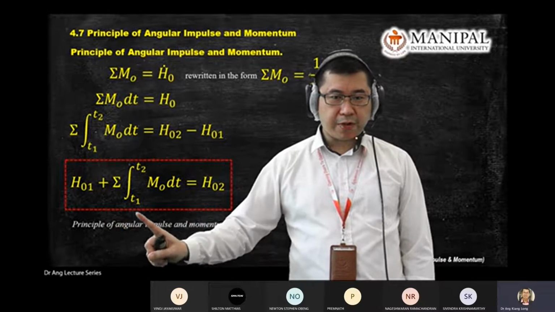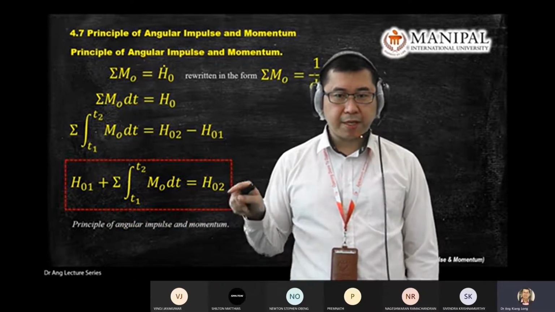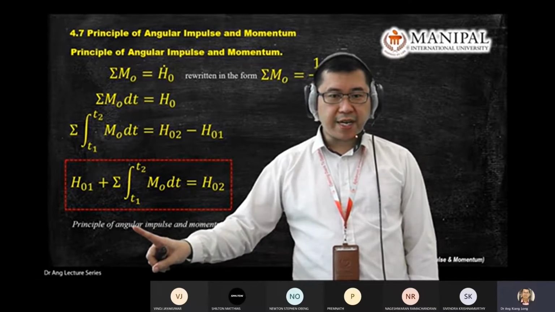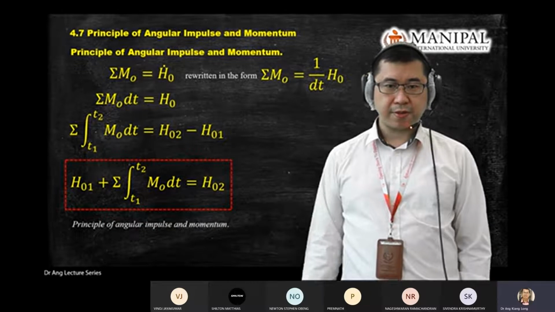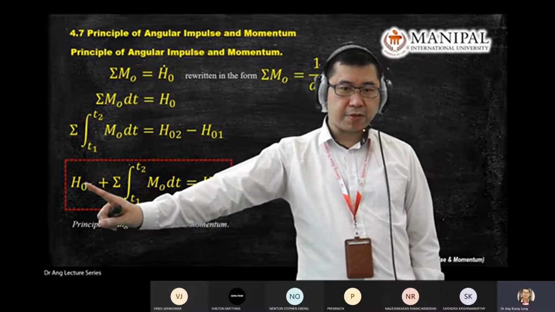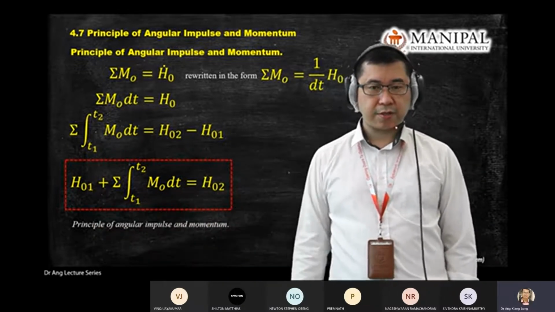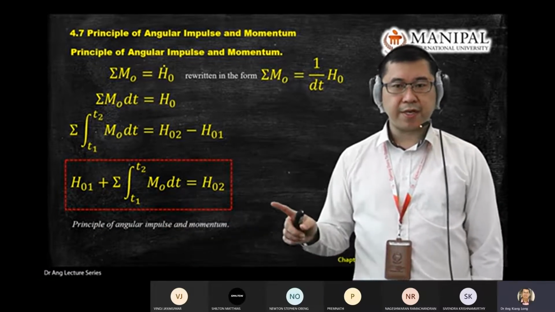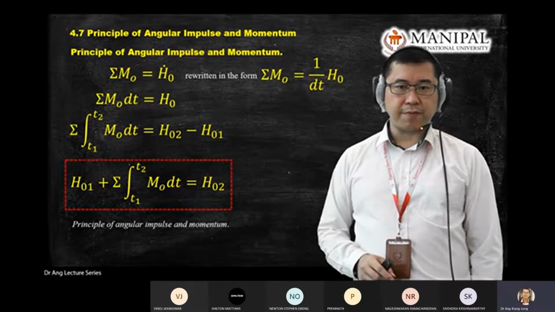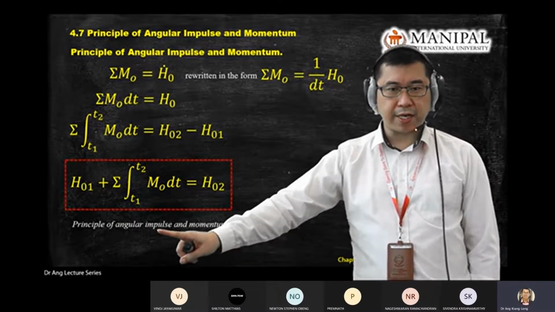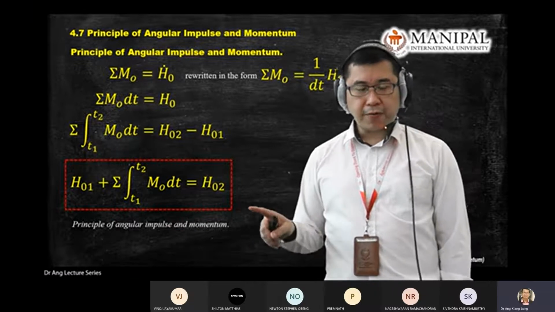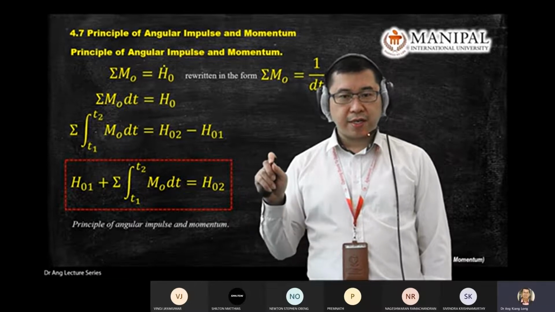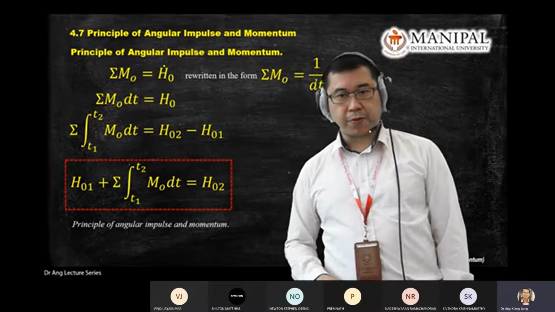Here in these slides, you are seeing principle of angular impulse and momentum, with H and M. A bit different from the one that you learned before this. This is angular impulse, not linear impulse. So look carefully when it comes to final exam. The question might ask you to calculate using a certain principle. Look carefully.